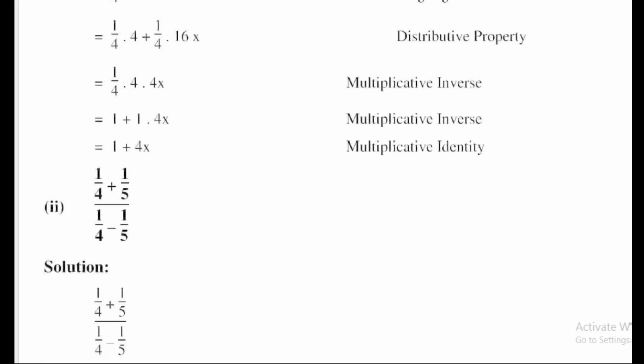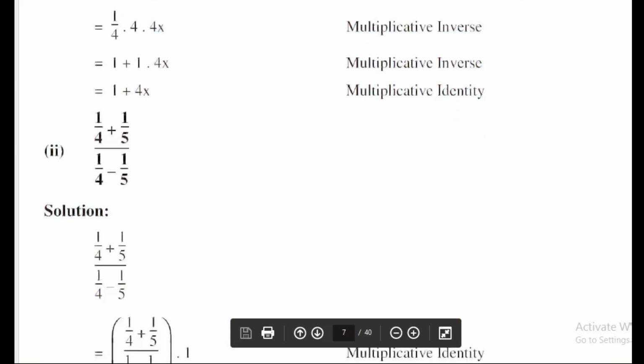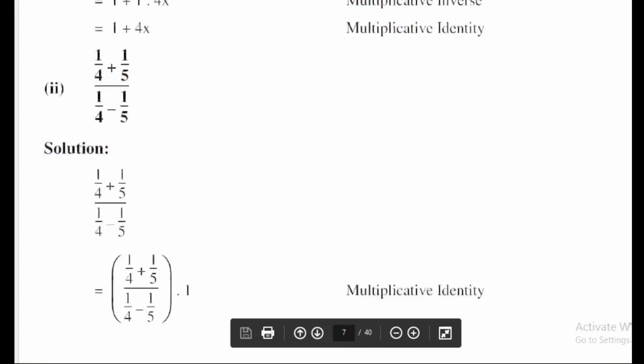Next, part number 2: (1/4 + 1/5) divided by (1/4 - 1/5). So first write the question as it is, into 1. So 1 is the multiplicative identity. So the LCM of 4 and 5 is 20.